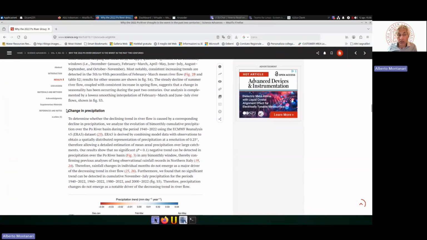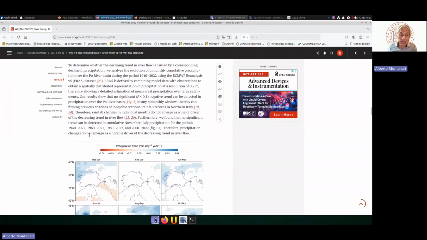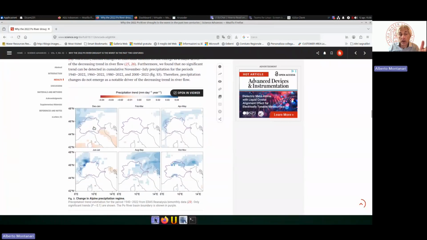And then the first question is like, maybe the precipitation has changed. So maybe that it is the rainfall that has changed, seasonally changed. And then there is the discussion and presentation of a figure where we estimated the trends in precipitation over the Po River.